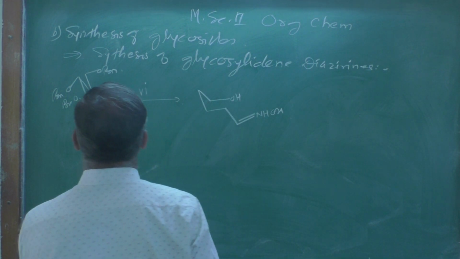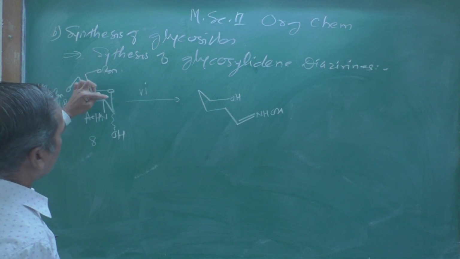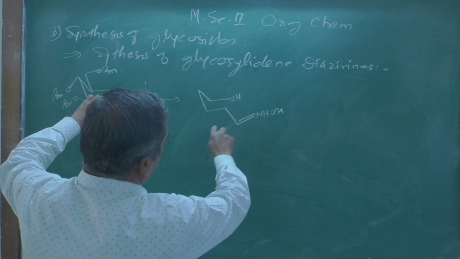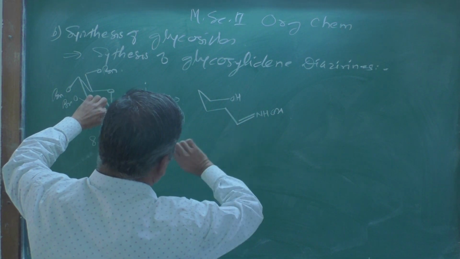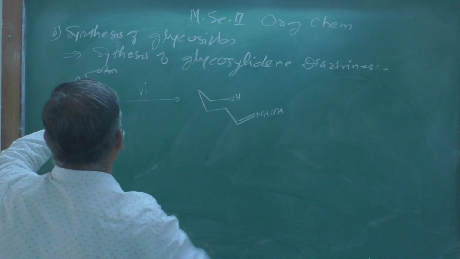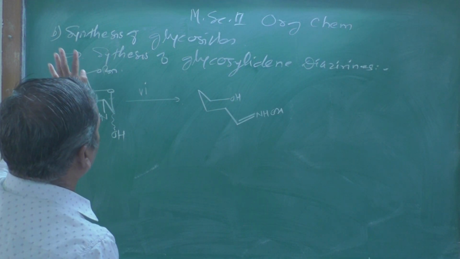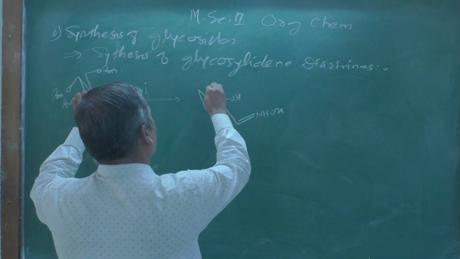This becomes an OH. After opening this ring at the anomeric carbon, there is a carbon nitrogen double bond NHOH, that is an oxime type of derivative obtained, and the rest of the organic compound remains as it is.